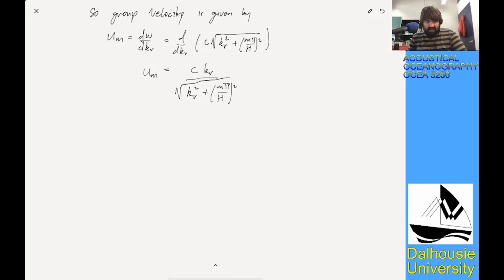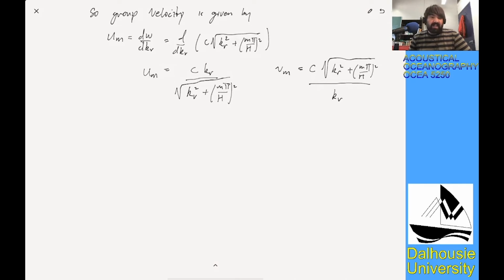And from the last page, our phase velocity, we can just plug things in. We're going to have kr squared plus m pi over h squared all in the numerator, now over kr. There are two ways you can think about this.